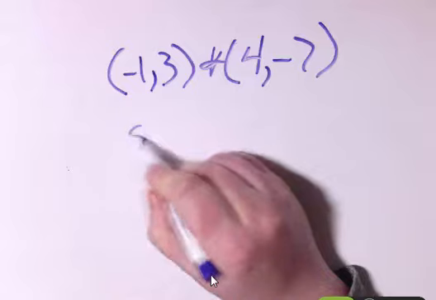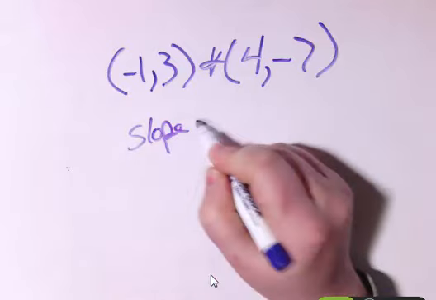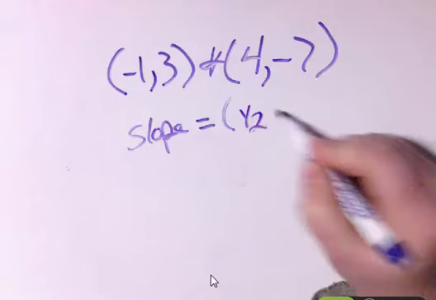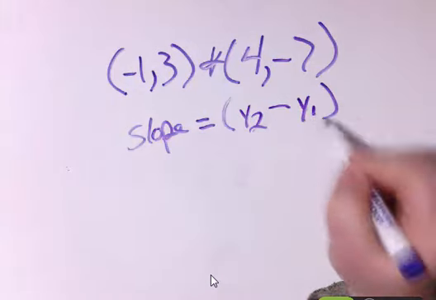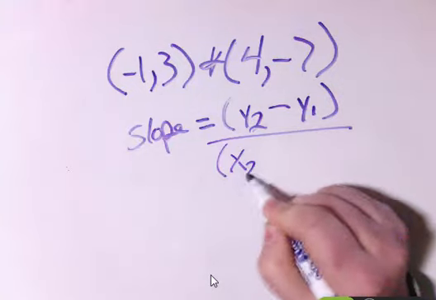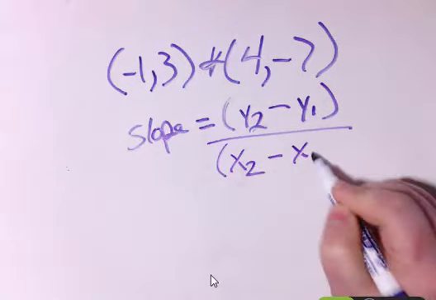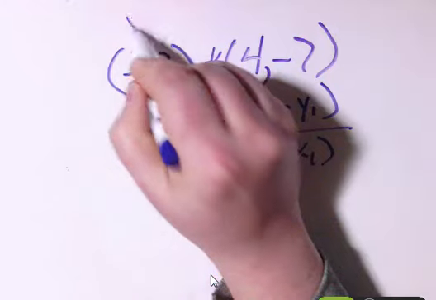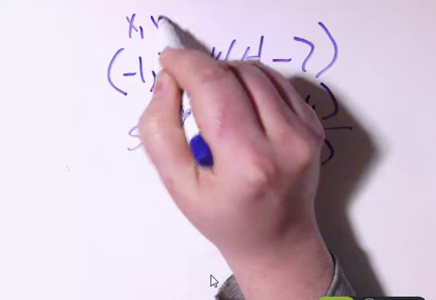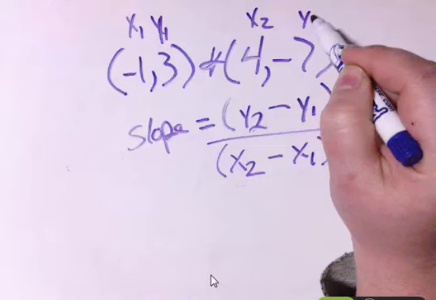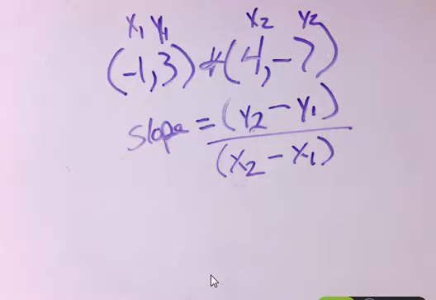So we're going to get the slope is equal to y2 minus y1 all over x2 minus x1. So this is going to be x1, y1, x2, y2. So we just have to plug those in.